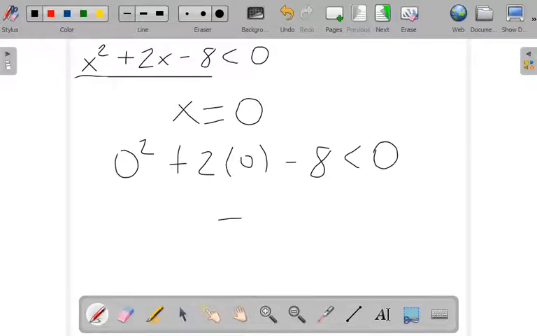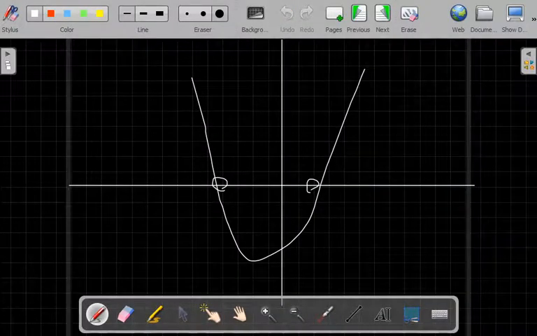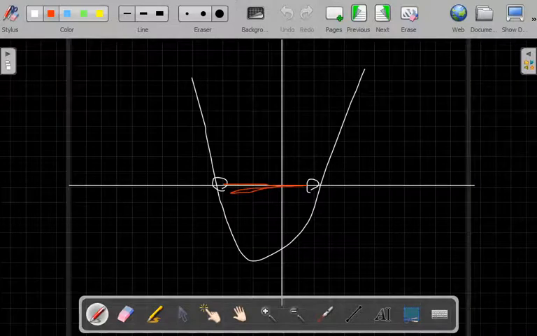So you're going to get negative 8 is less than 0. And this is true, right? So now we know, looking at our graph, all of the values inside from here to here, all of these values in here make the statement true because we tested this point.